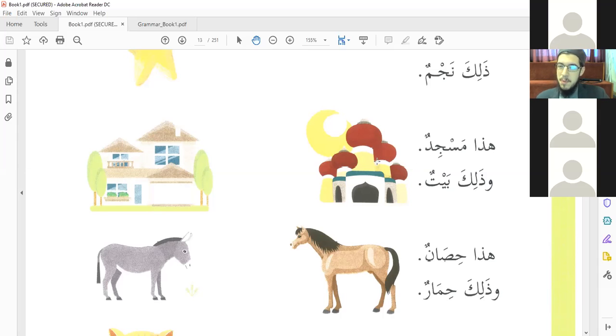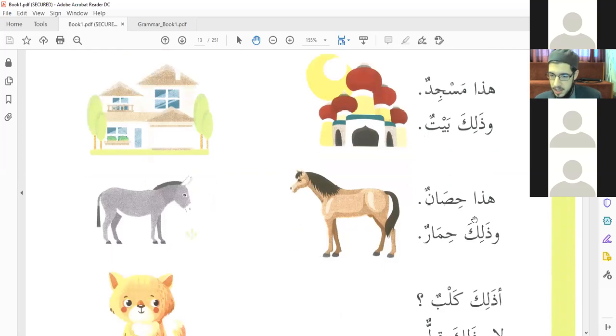And look, the people who put together this book, they made the masjid close to the text and the house far away, so that they're trying to help you show you one of them is closer and one of them is further. هذا مسجد. This is a masjid, and mashallah, what a nice masjid it is. وذلك, that a little bit further away, baytun, is a house.